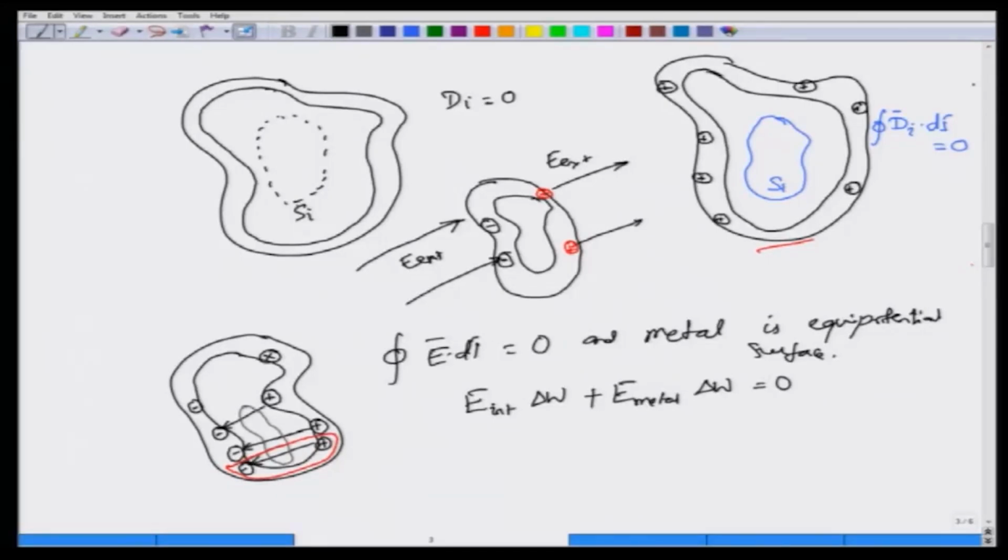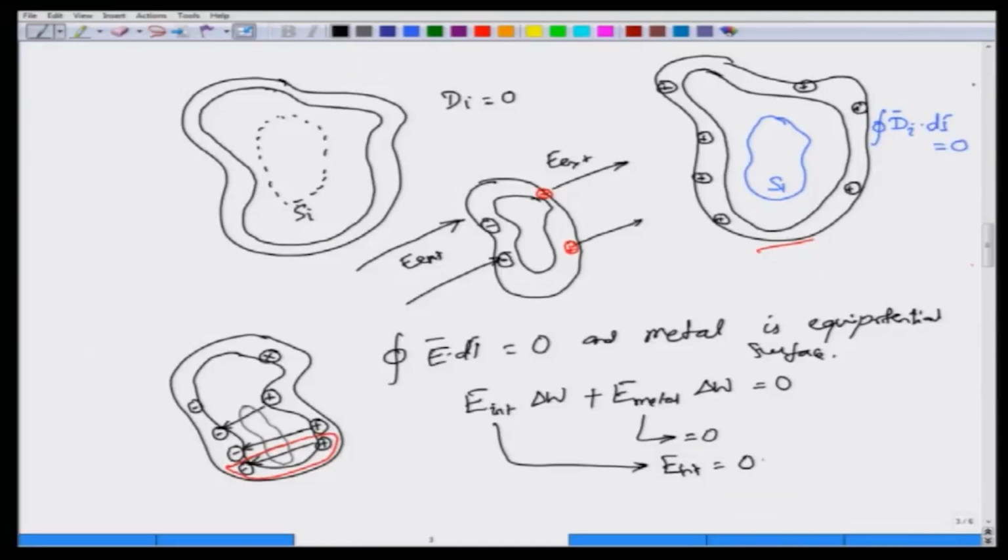So, clearly delta w is not 0, the path length is not 0. However, E metal is certainly equal to 0. This is because this is the property of a conductor. The property of the conductor is that E metal is equal to 0. Since E metal is 0, it would lead to the conclusion that E int is also equal to 0.